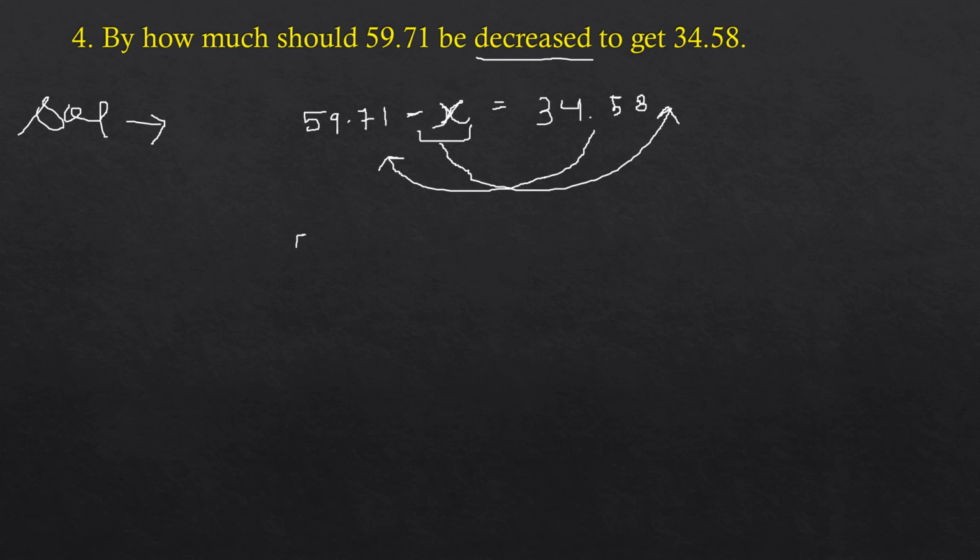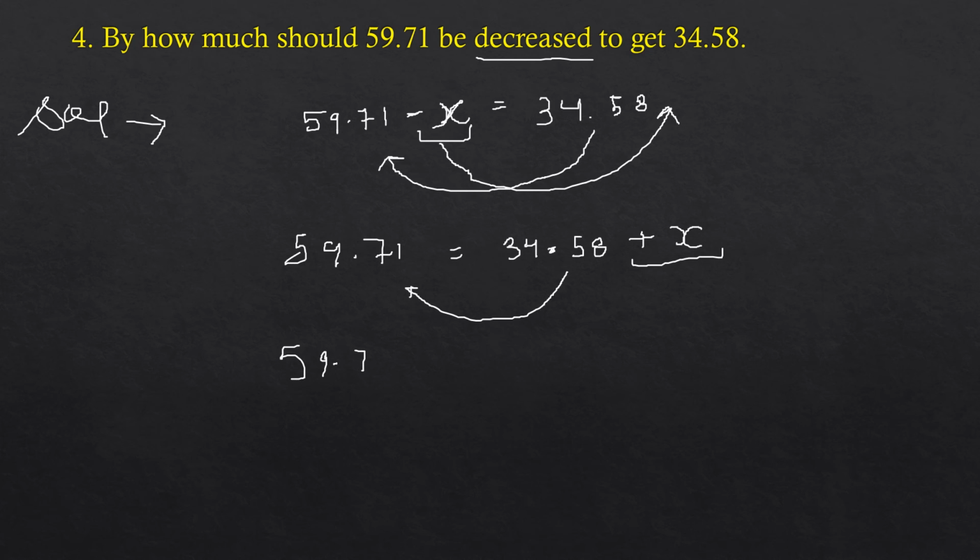So here we will be left with 59.71, and on the right side we will have 34.58, and when x comes to the right side it will get a positive sign, plus x. Now we want the value of plus x, so we will transport 34.58 to the left hand side. So we will have 59.71 minus 34.58 equals x.